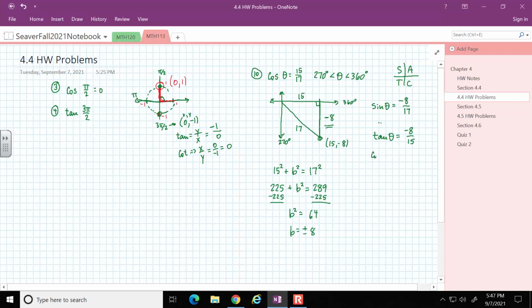The cosecant of theta is sine flipped, so negative 17 over 8. The secant of theta is cosine flipped, so 17 over 15, and it is positive. And the cotangent of theta is the tangent flipped, so negative 15 over 8.